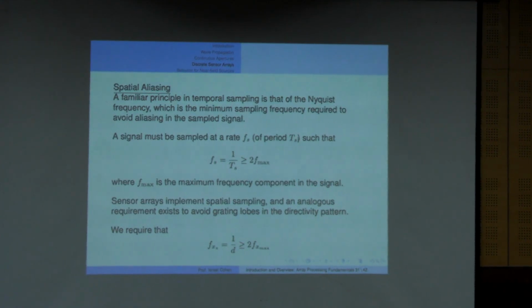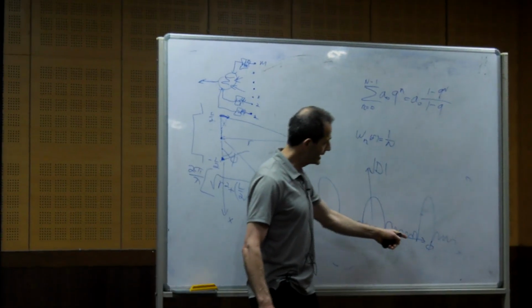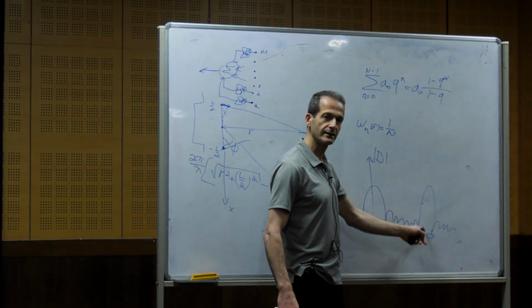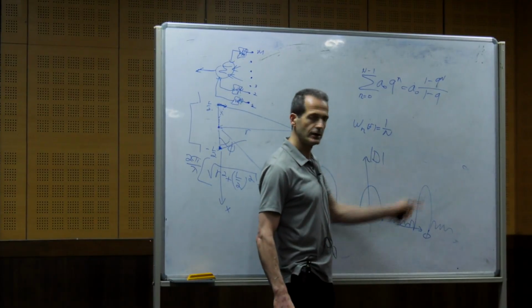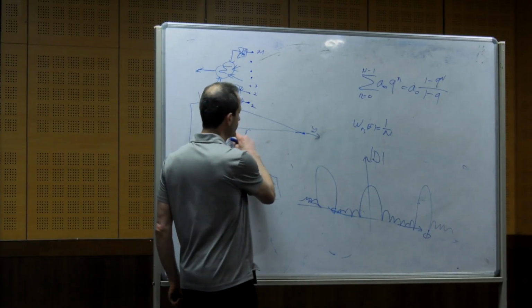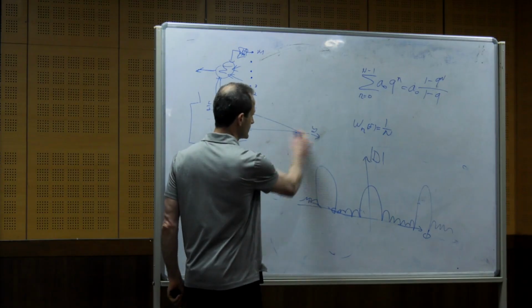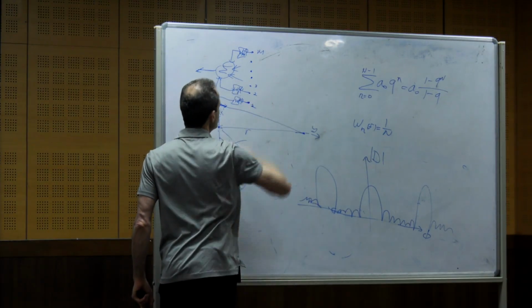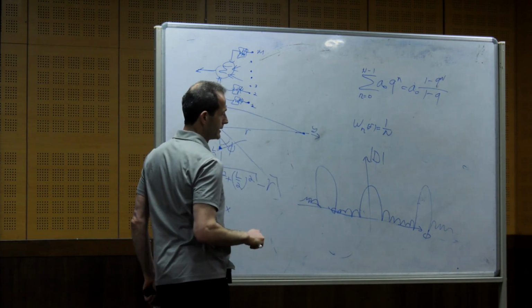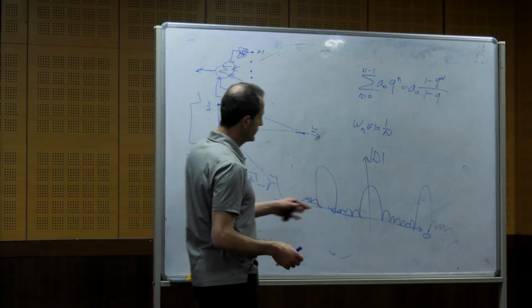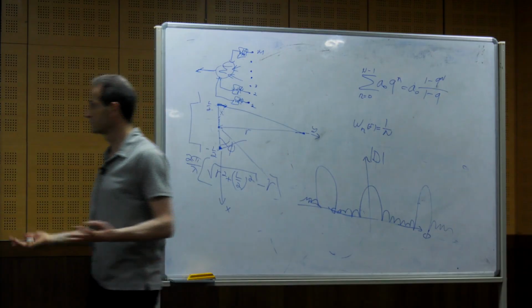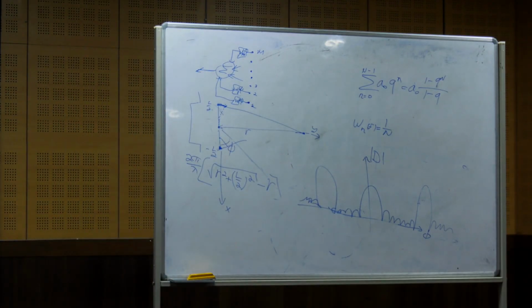So maybe for higher frequencies, we get high response also to another direction. So we cannot distinguish between the signal that comes from this direction and a signal that comes from another direction, because with high frequency we can have different directions with the maximum response.